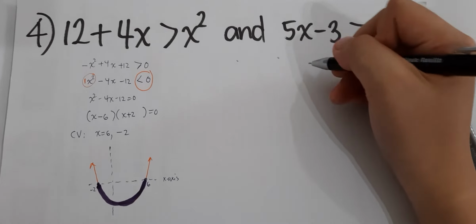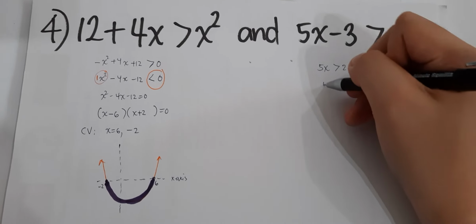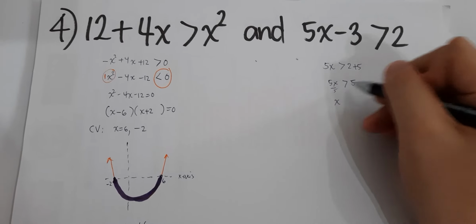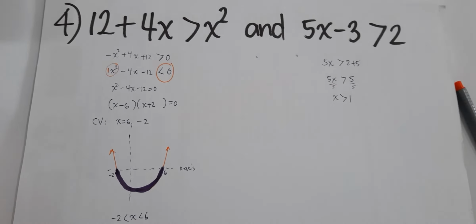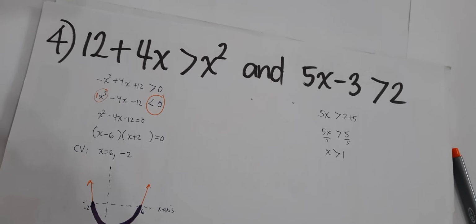I will solve this also, dividing both sides by 5. So x greater than 1. So I have my two solutions.